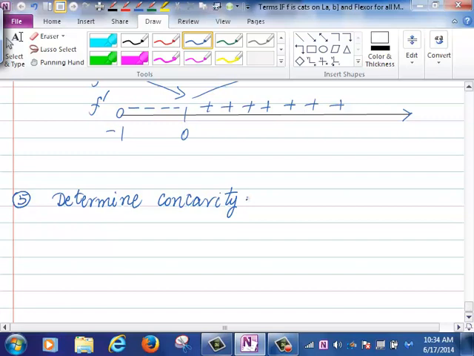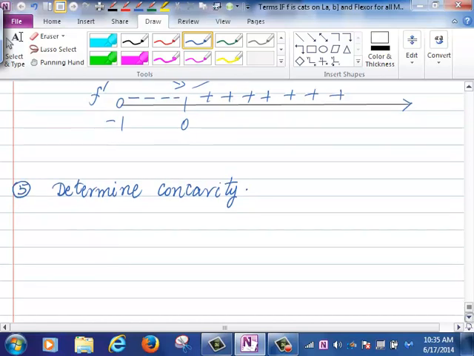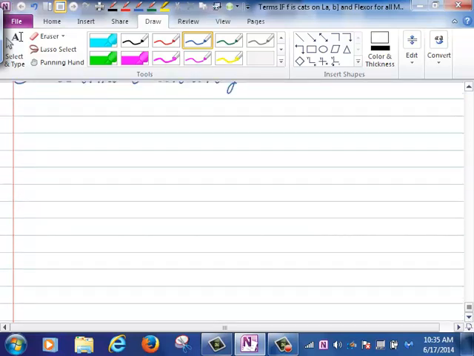Determine concavity. By that I mean determine where the function is concave upward and where the function is concave downward. And so how do I do that? Well, I have to find what? What's the first step? Find the second derivative.